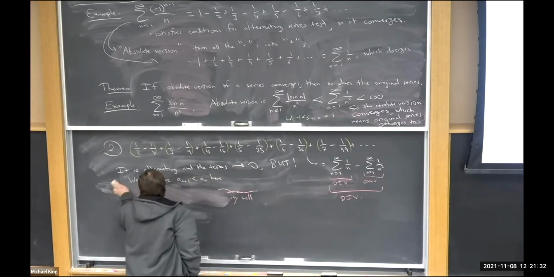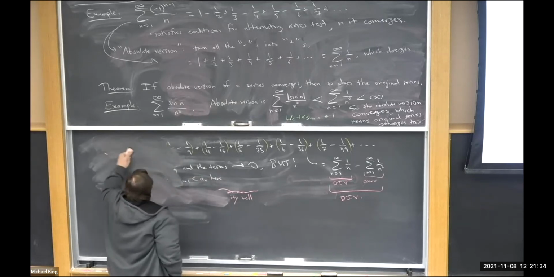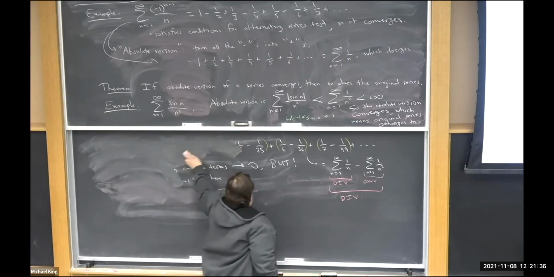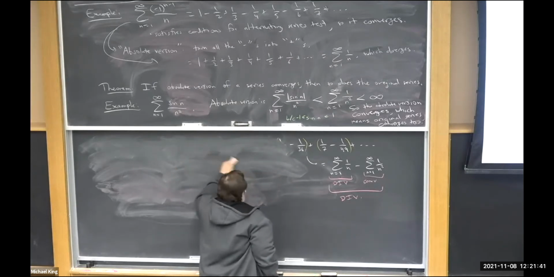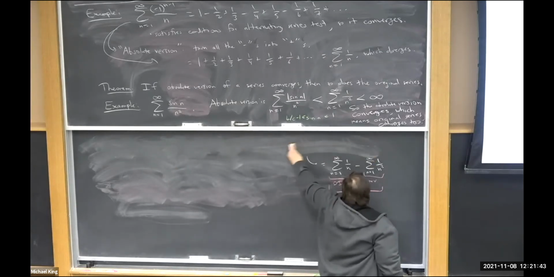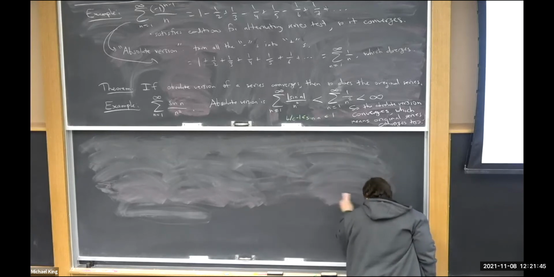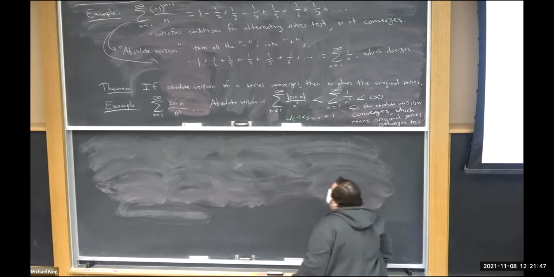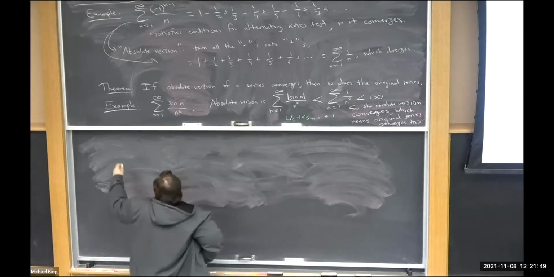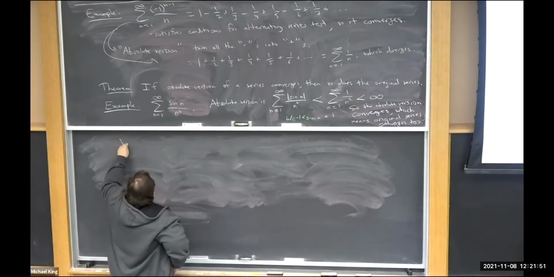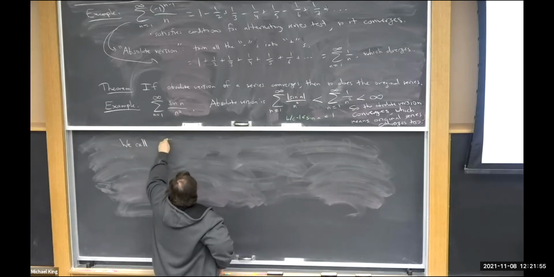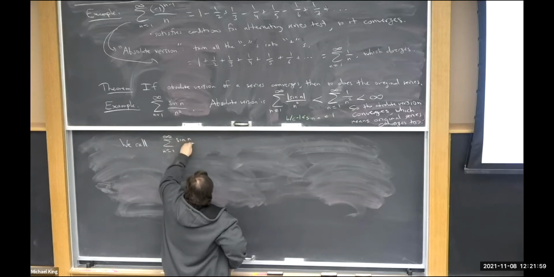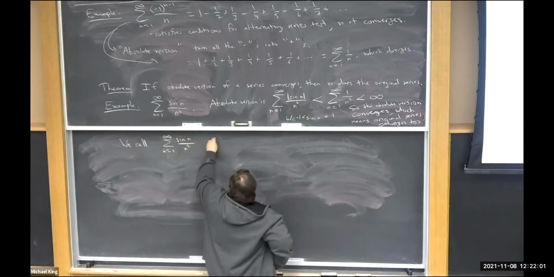Let me just write this down, because these are kind of avatars you can have in your head. It's good to have a couple of examples to illustrate the concepts. So we call the sum from n equals 1 to infinity of sine n over n squared absolutely convergent.